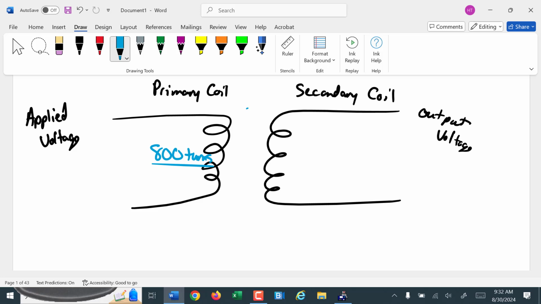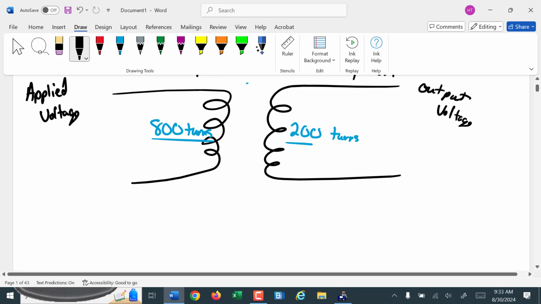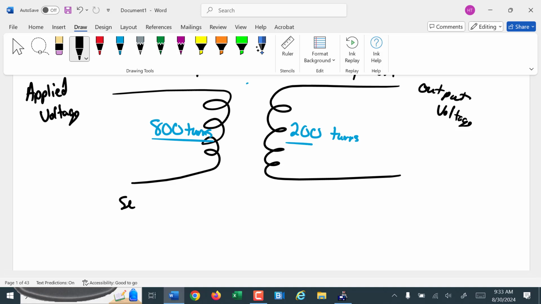math of the coils. So let's say we have 800 turns on the primary coil. All that means is literally 800 wraps or 800 circles made by that wire wrapped around whatever core it's being put around. And let's say we have 200 turns on the secondary coil.